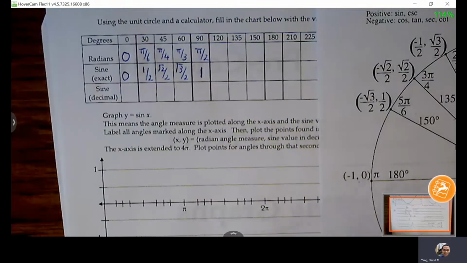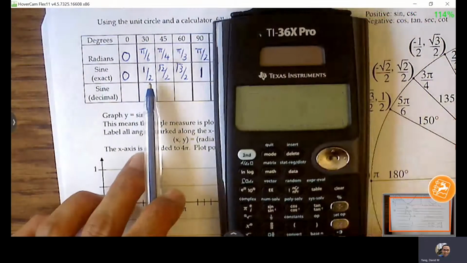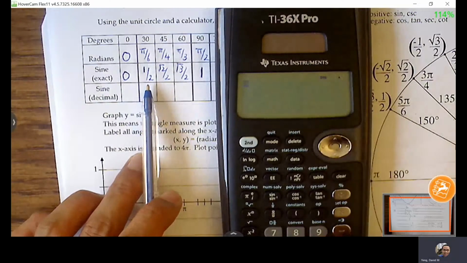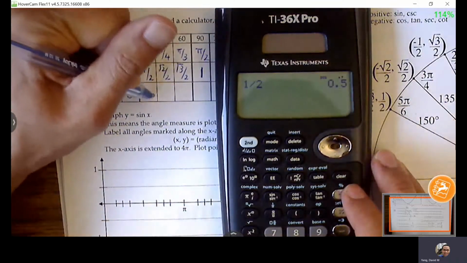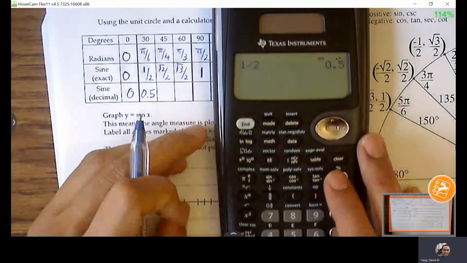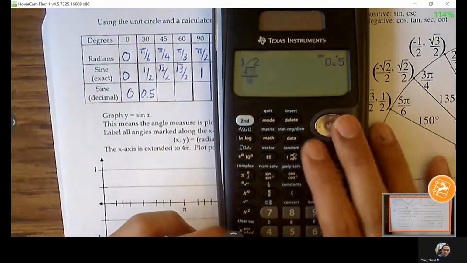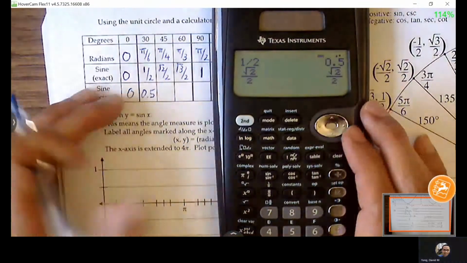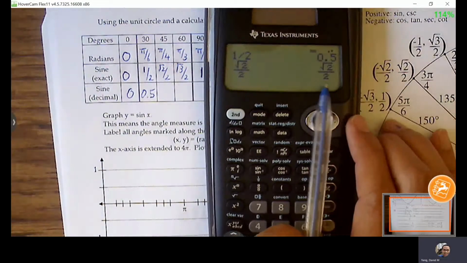To make it easier so that we know where these y values are, we're going to enter them in the calculator. So 1/2 is 0.5. If you type in root 2 over 2, you see how, if you're using the 36 Pro, it doesn't give you a decimal value.